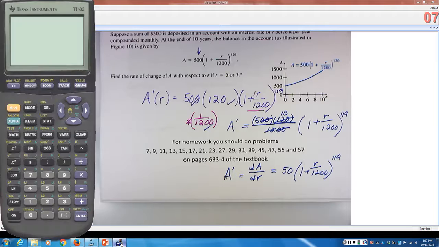And we're going to verify that we did this correctly by actually getting the calculator to do the derivative as well. So first of all, we'll calculate what we think is the right answer, which will be 50 times the quantity 1 plus x divided by 1200, close parentheses, and raise to the 119th power.